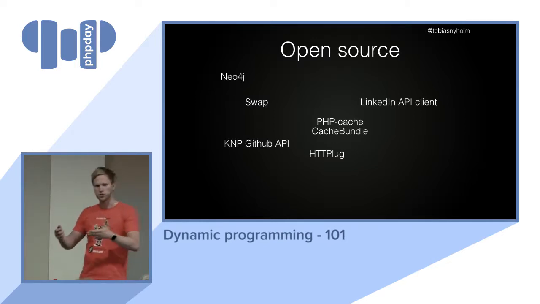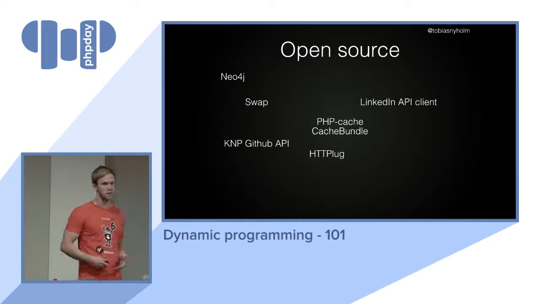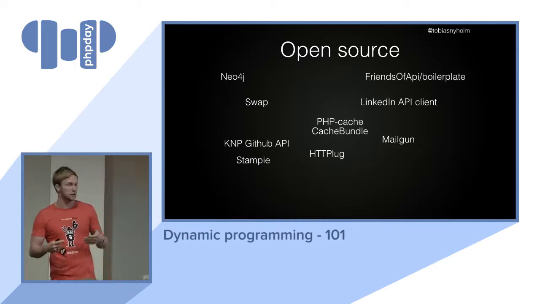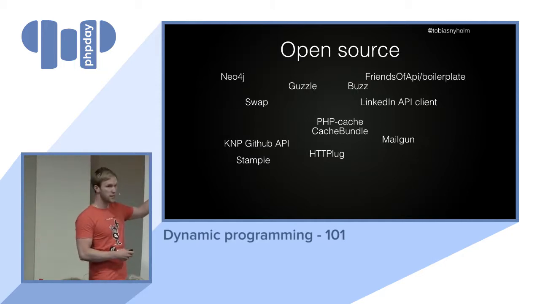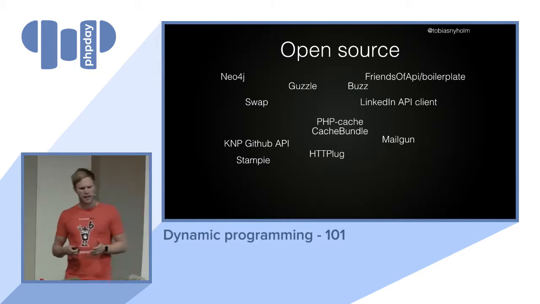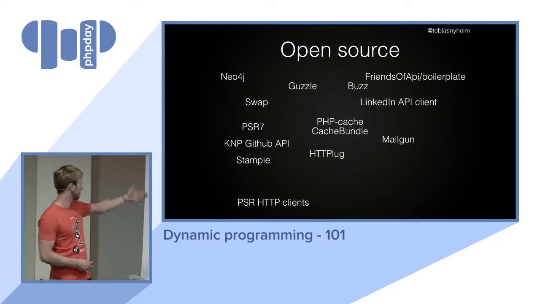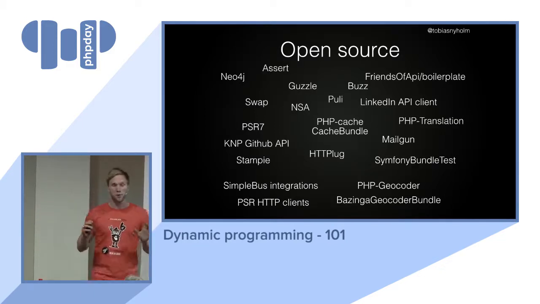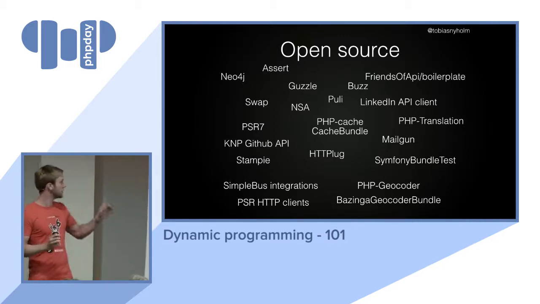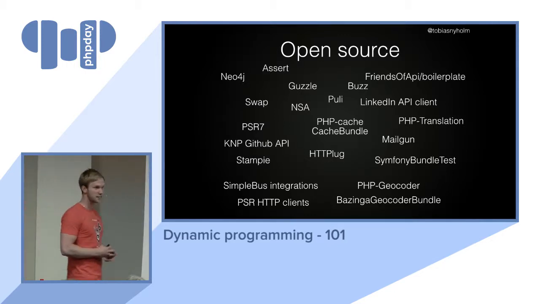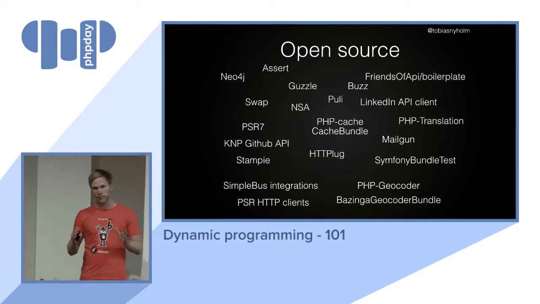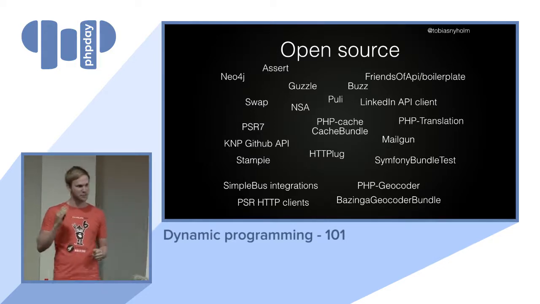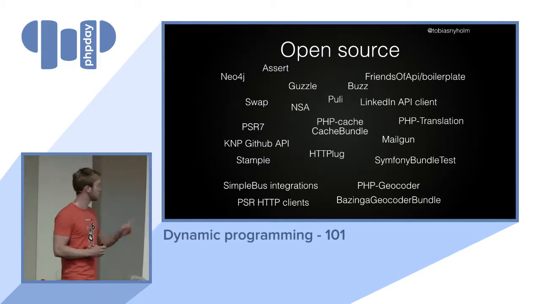And when you're doing abstractions, you obviously can do a lot of API clients and a lot of mail clients. And then I'm running both Guzzle and Buzz. I'm maintaining both the libraries. And I do a lot of PSRs and writing my own PSR, and I do testing and some geocoding and stuff like that. My real favorite one is NSA. That library totally violates all class privacy. So accessing private properties and methods is no issue with NSA.